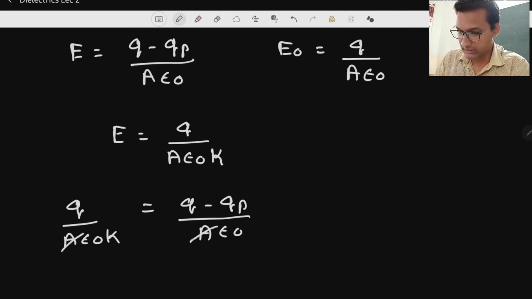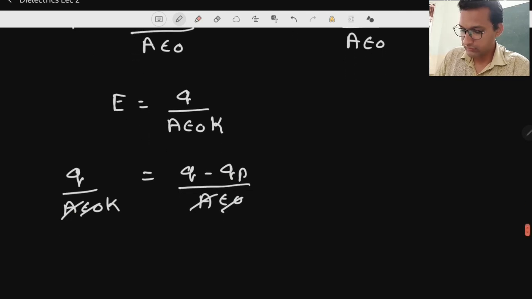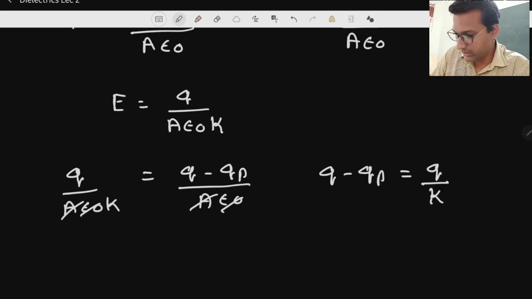We can cancel the area, we can cancel this epsilon naught, and what we get is Q minus QP is equal to Q divided by K, Q divided by the dielectric constant of that medium.